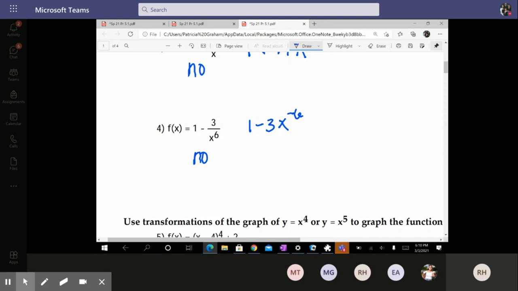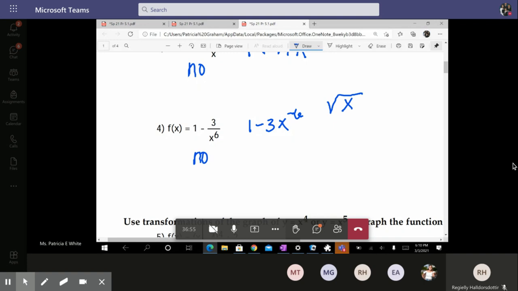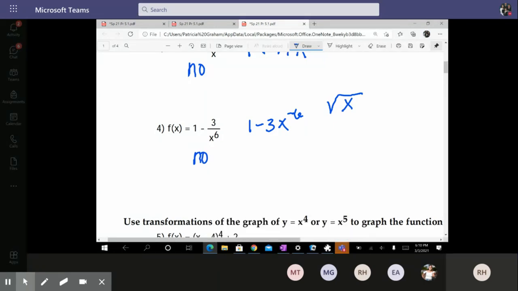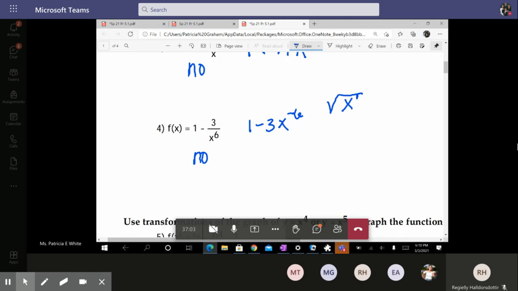Now there's another situation where you're going to say no. How would I write a radical, the square root of x, as an exponent? I have a power of 1 up under here, right? And this is the second root.